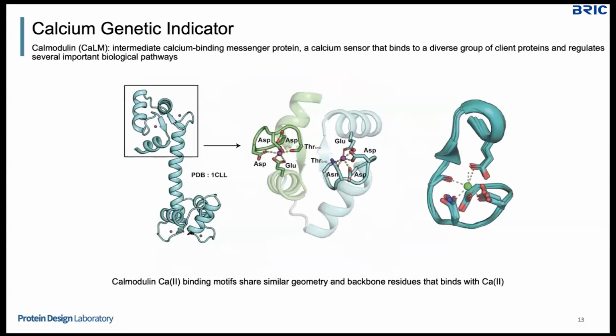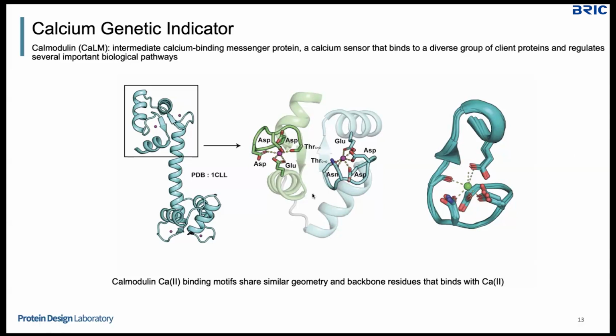So for the genetically encoded calcium indicator calmodulin, as I explained, it has four calcium binding motifs. These motifs intertwine with each other in a C2 symmetry. Because there are four calcium binding motifs, when we wanted to pick which segment of these short peptides to use, we overlapped all four of them, one over the other, and we realized that the calcium binding sites are similar in the backbone.